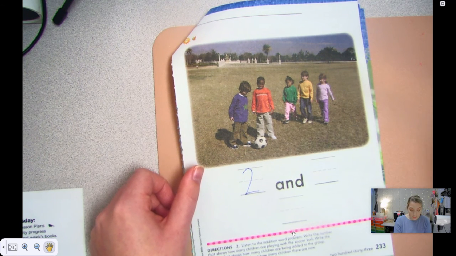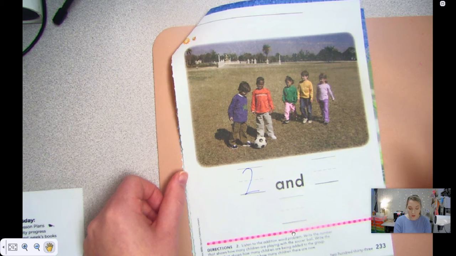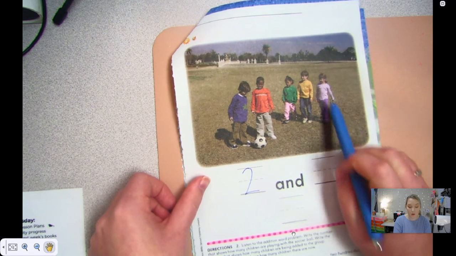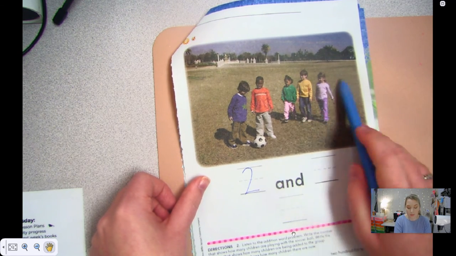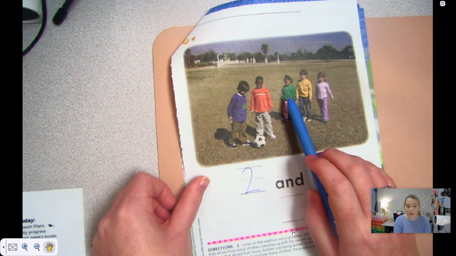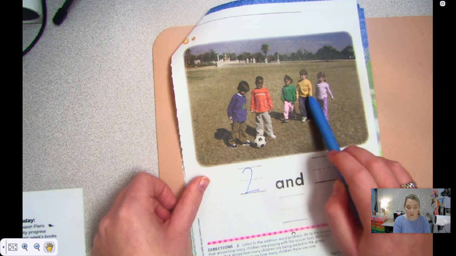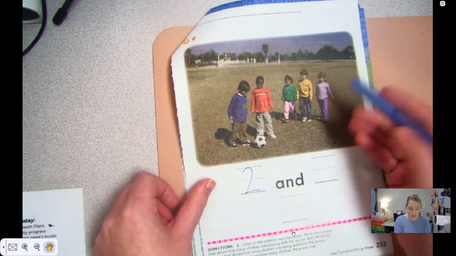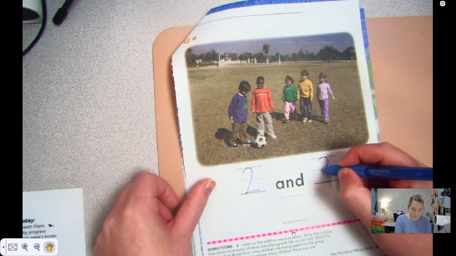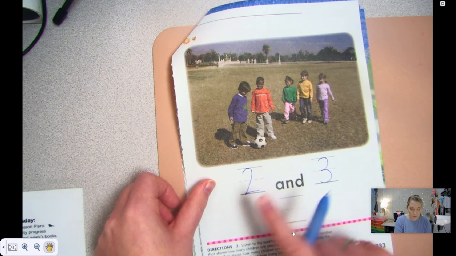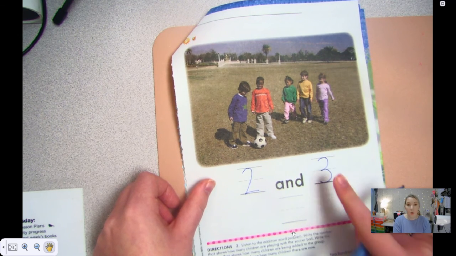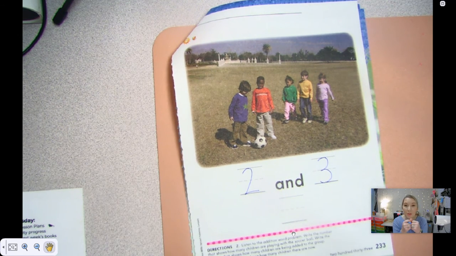Okay. Now write the number that shows how many children are being added to the group. So now we've got a group of friends over here who are walking up to these friends. How many friends are walking up to the friends with the soccer ball? I see 1, 2, 3. So 2 and 3, when we put those numbers together, what number do we get all together?